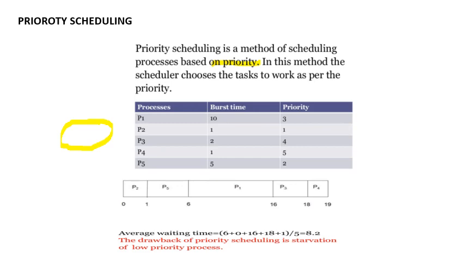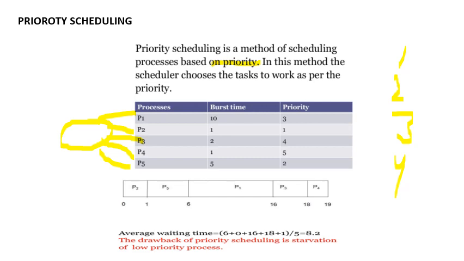We are considering priority based on the numbers 1, 2, 3, 4 and so on, that is, ascending numbers, not descending numbers. All the processes are present in the ready queue, waiting for execution, or waiting to run. So how will the scheduler choose which process to select?